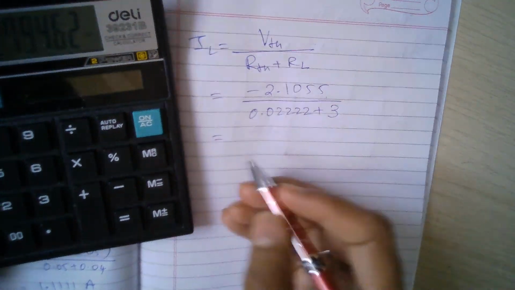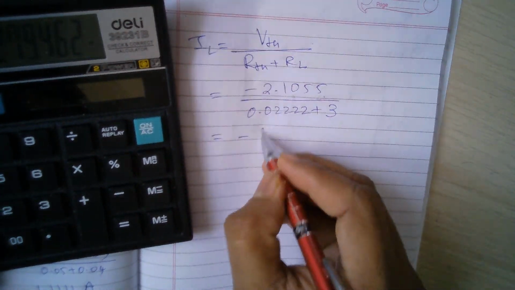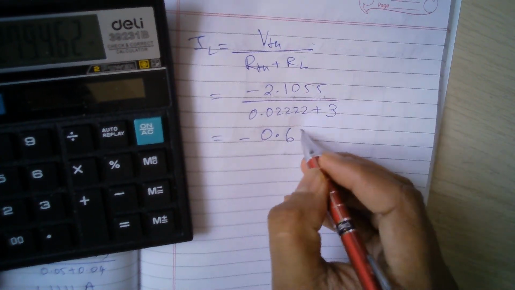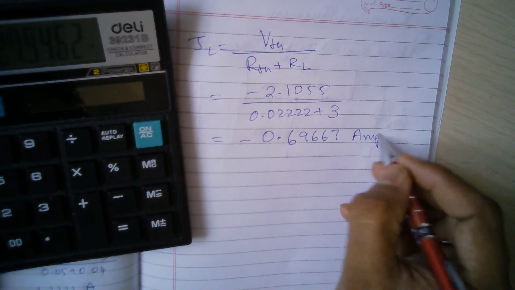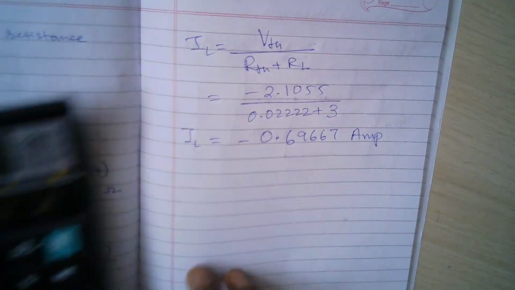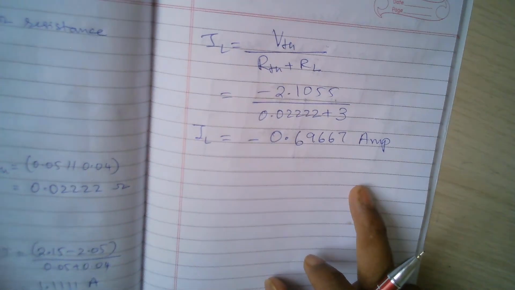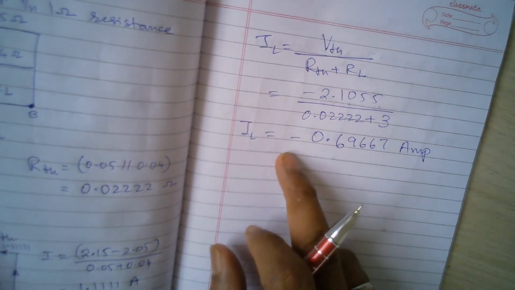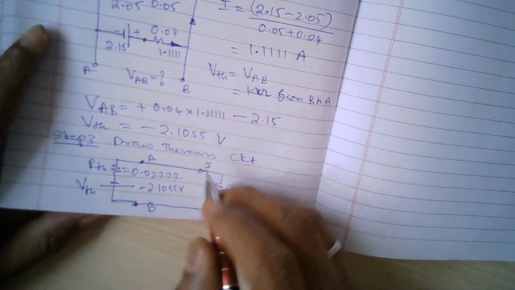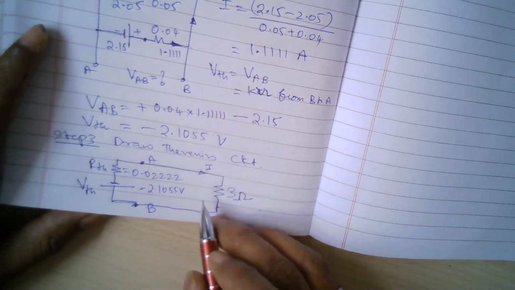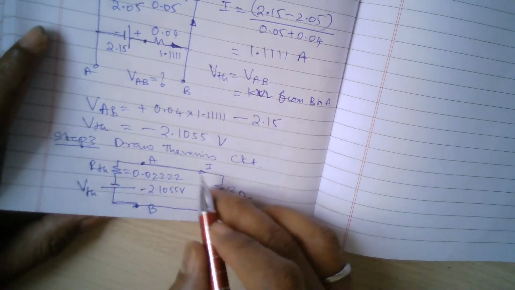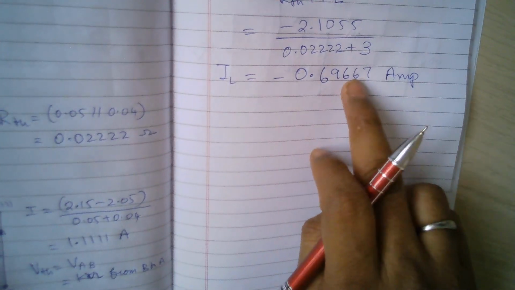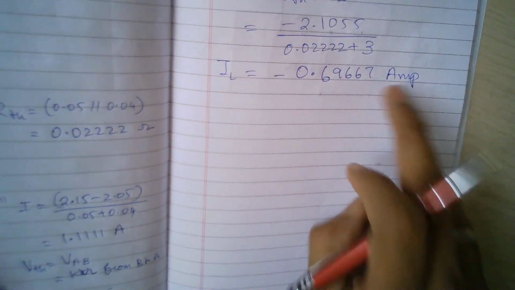Okay, so I am getting minus 0.69667 amperes. So this is my current in the 3 ohm resistance. What does this minus sign indicate? It indicates that, in this case the current is drawn like this, but actually the current will be coming out of B and going into A, so it is the reverse. But the magnitude is 0.69667.